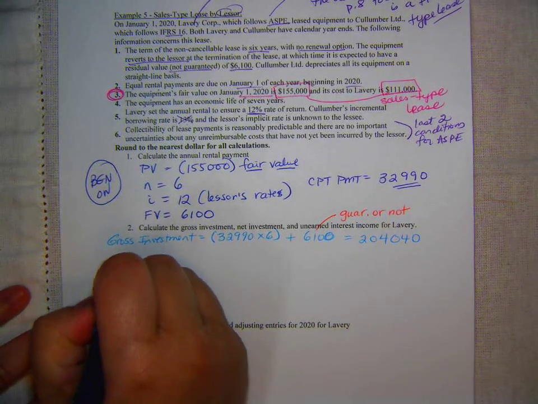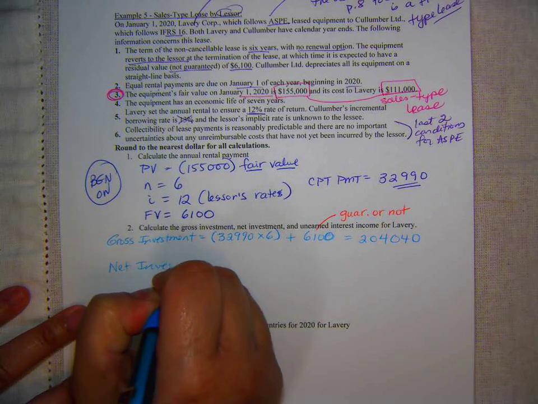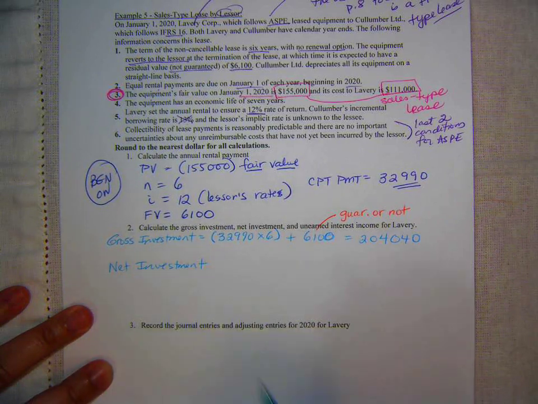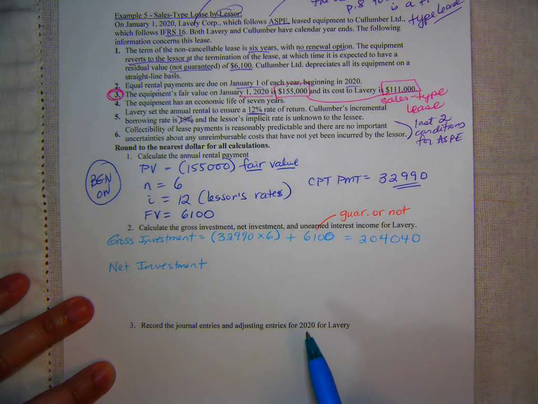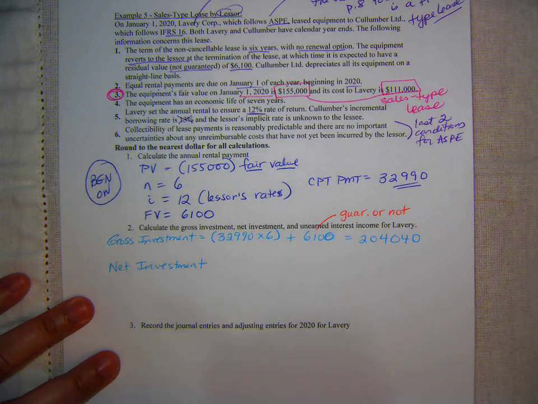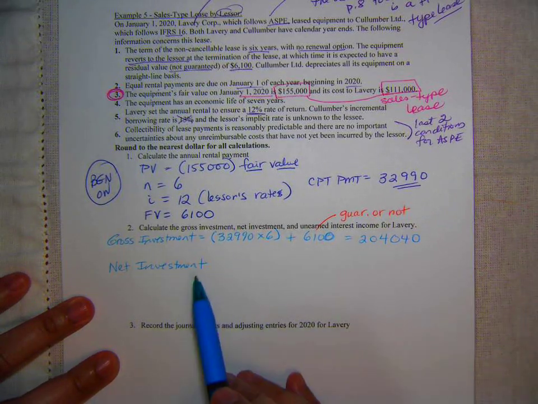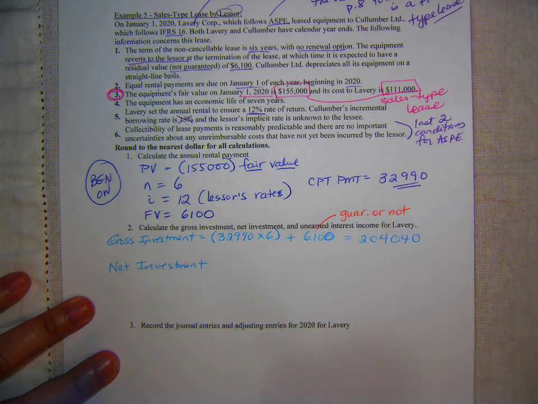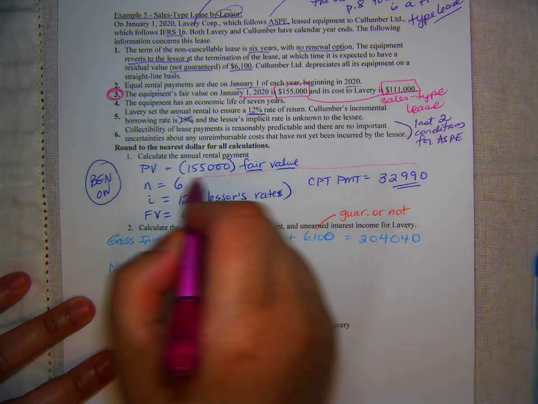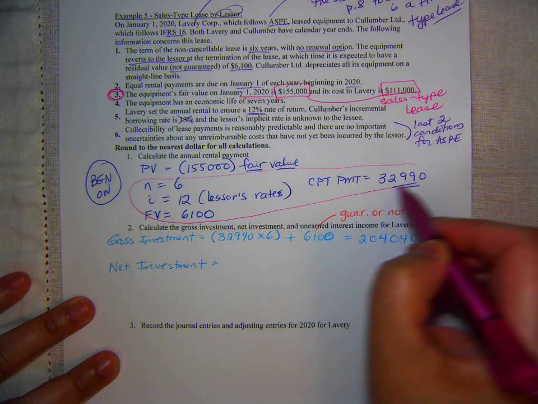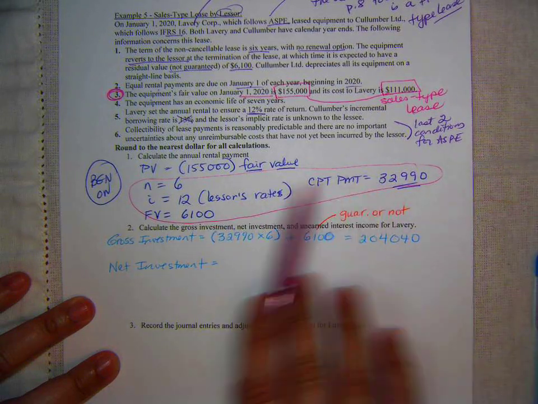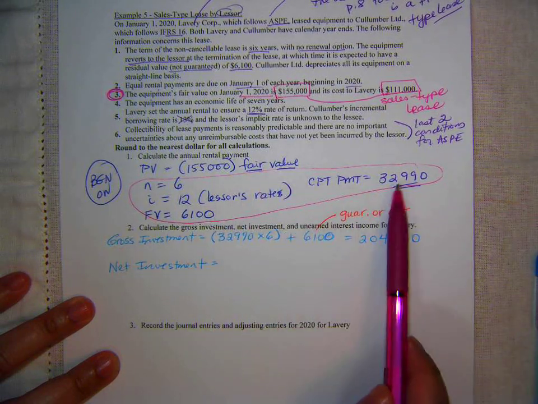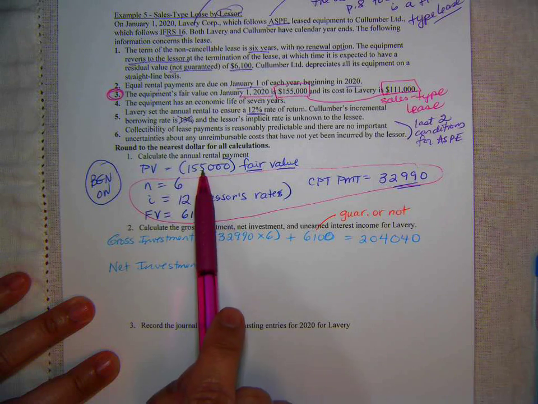Then we take the net investment. So this is the fair value or the present value of the gross investment. So as I said last time, our little calculation here, whenever we do this for the lessor, we are setting the payment so that we receive the fair value.